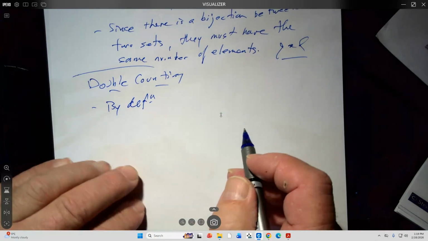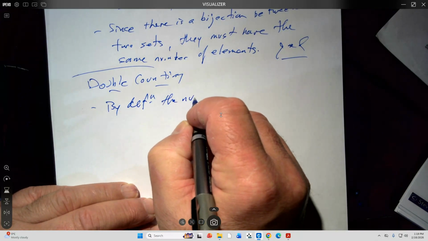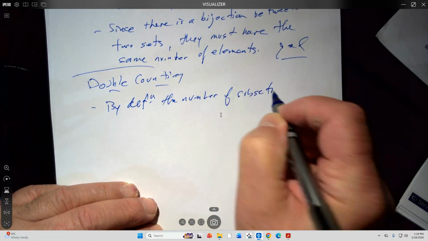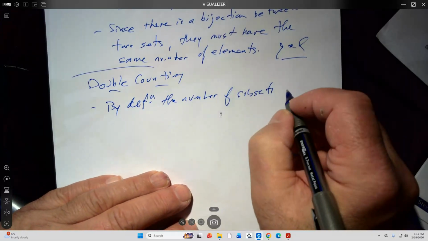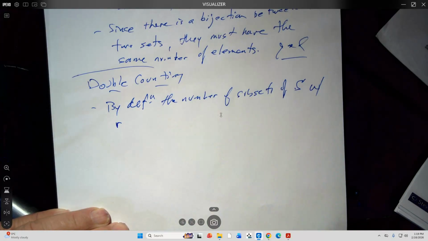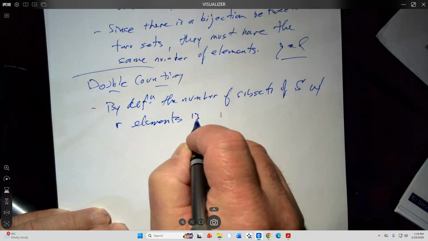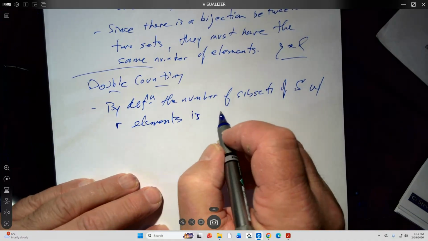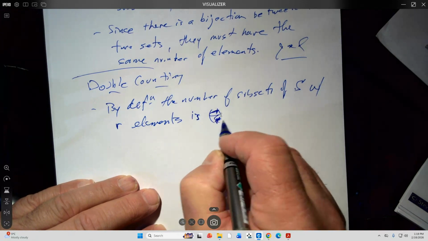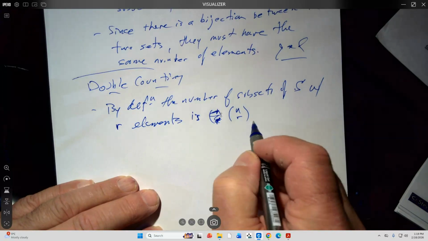By definition, the number of subsets of S with r elements is n choose r, obviously. N choose r. All right.